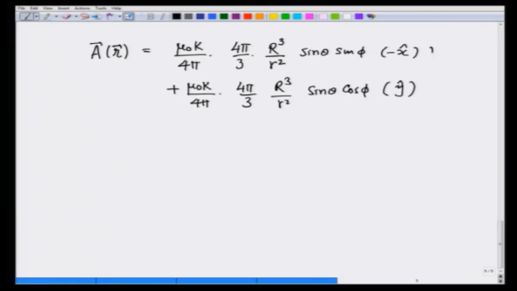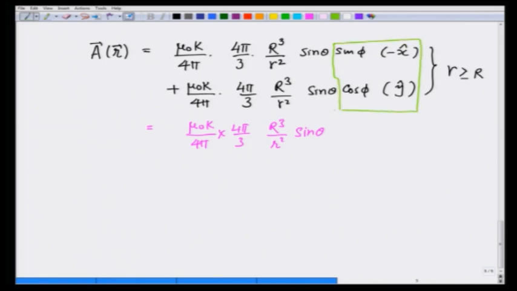This is for r greater than or equal to R. Let us simplify this. It will be mu naught k over 4 pi times 4 pi by 3 R cubed over r square. Sin theta I can take common, and this quantity sin phi minus x unit vector plus cosine phi y unit vector is nothing but phi unit vector.